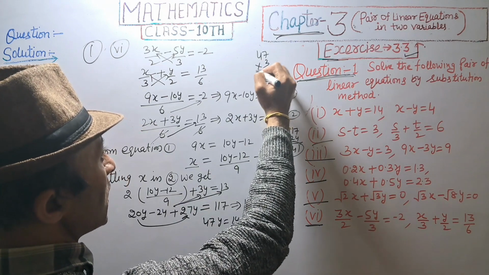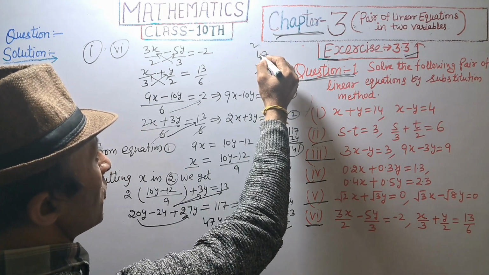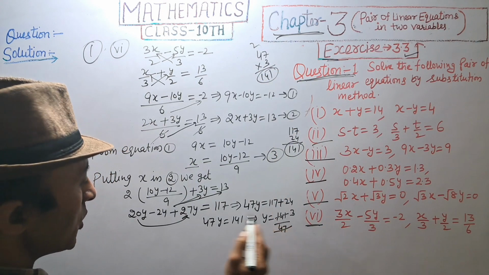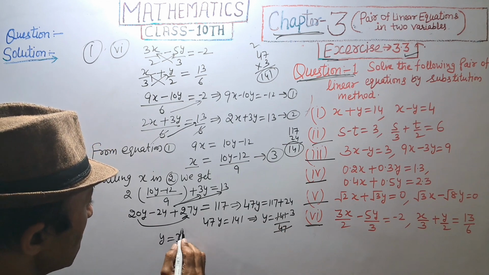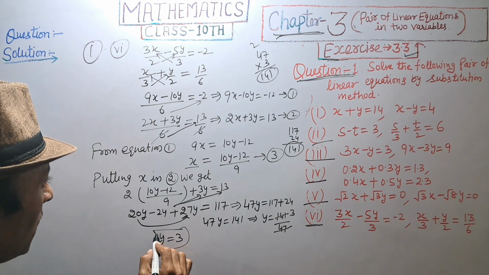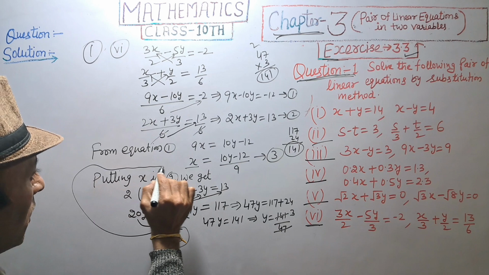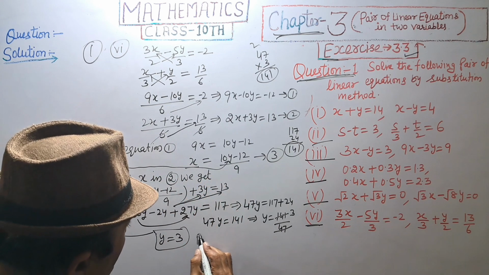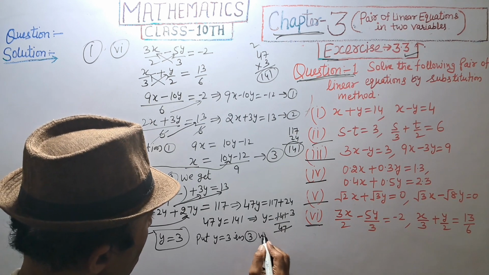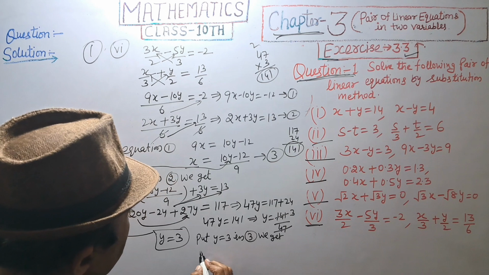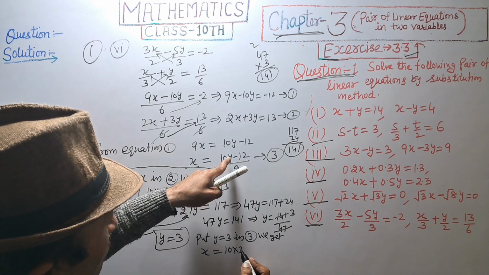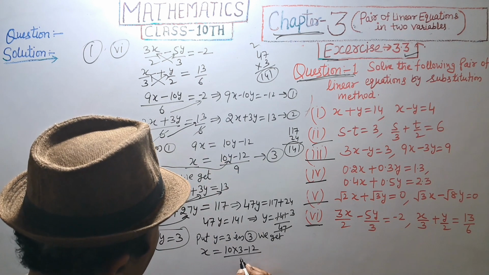47 into 3: 3 7s are 21, 2 carry, 4 3s are 12 plus 2 is 14, which is divisible by 3. So we get the value of y is equal to 3. Putting the value of y equal to 3 in equation number 3rd, we get x is equal to 10 into 3 minus 12 divided by 9.